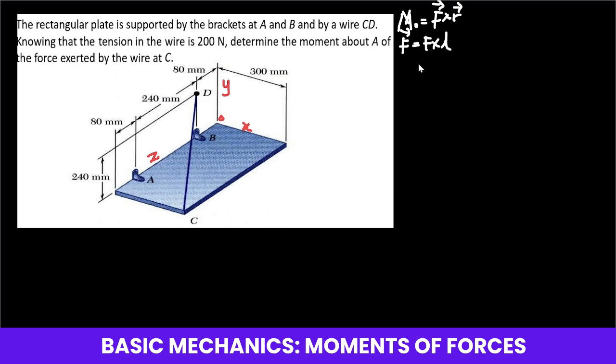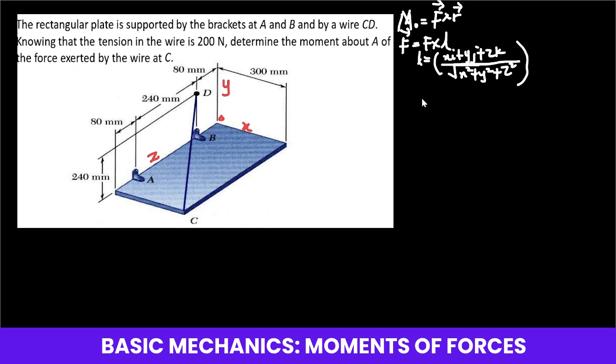We also know that our lambda is equal to xi plus yj plus zk over the square root of x squared plus y squared plus z squared. I think we are used to all these things.